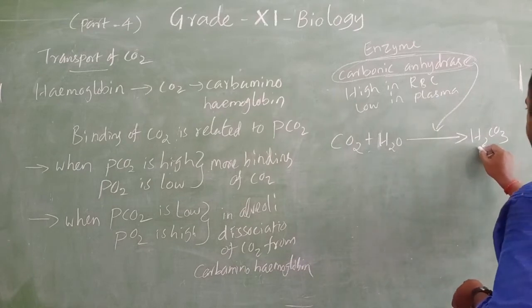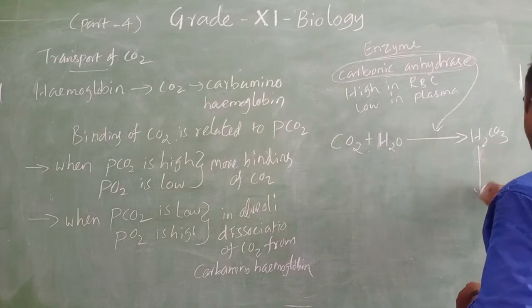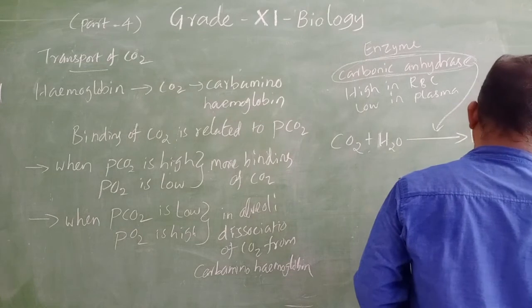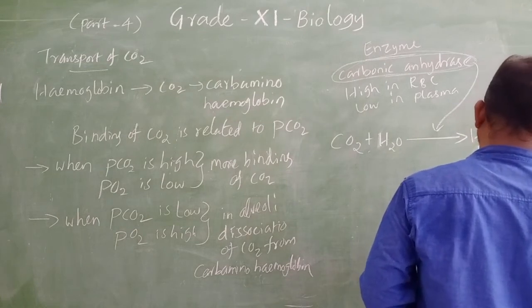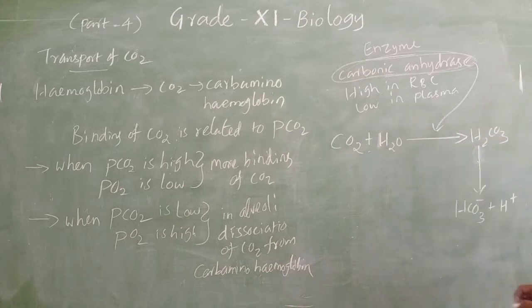Then this carbonic acid again converts into bicarbonate, HCO3 minus, plus H plus. So carbonic acid again converts into bicarbonate, that is HCO3 minus plus H plus.